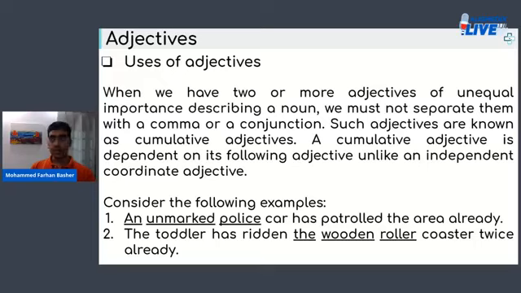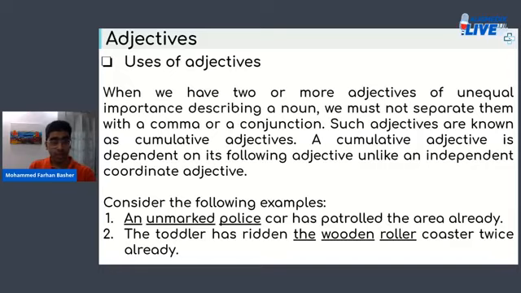We know that we can put them right before a noun, and we separate them either with a comma or we put a coordinating conjunction between the two equally important adjectives that are modifying the noun, right? But now you have adjectives of unequal importance describing, defining or modifying a noun. So what do we do with them?